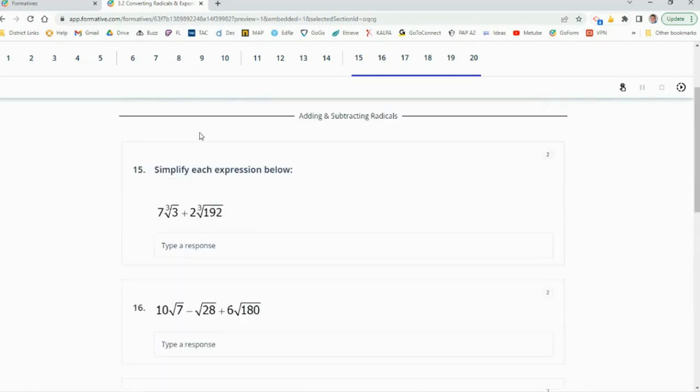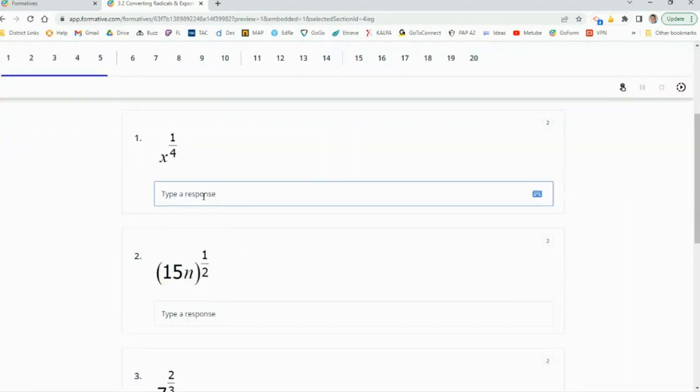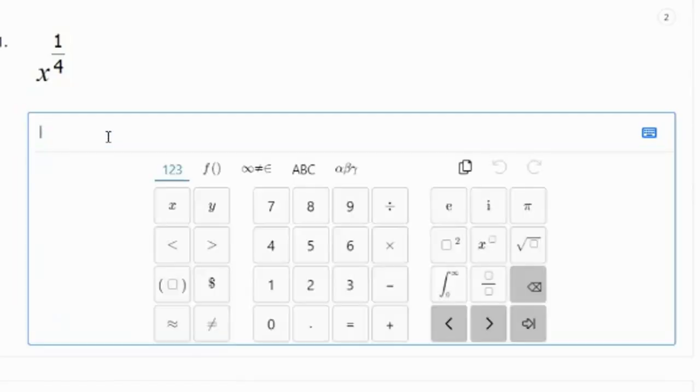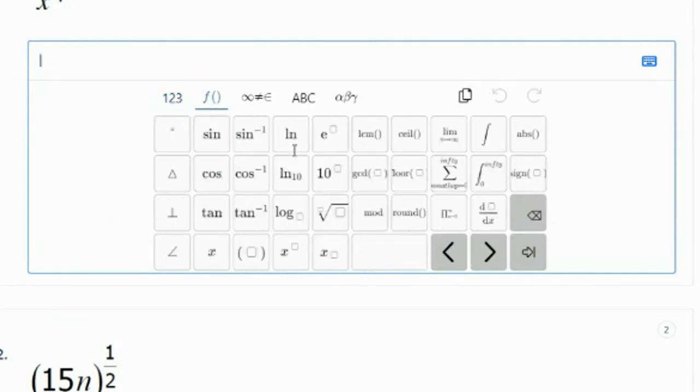Now let me show you, we'll go back to the very first one. I'm going to show you how to write this with a third root or a fourth root. Some of you did not pay attention to that in the video I made or in the last class, but I talked about that. This is the screen that pops up. If you click this f of x, you have a whole different menu of stuff.